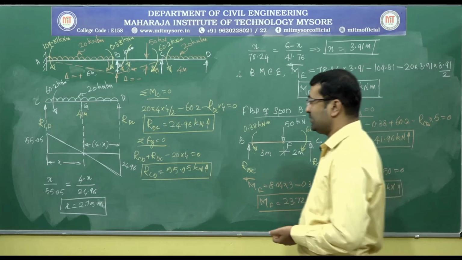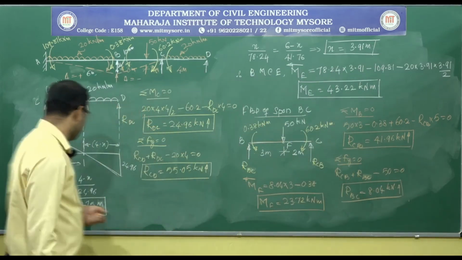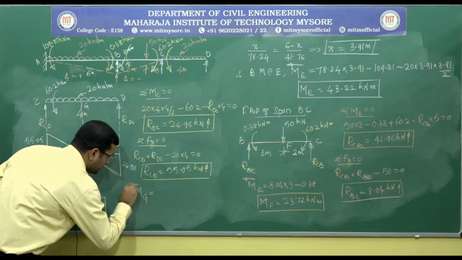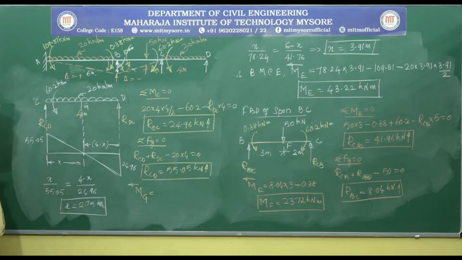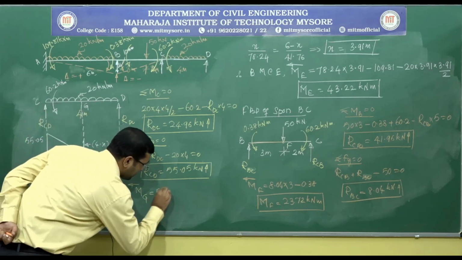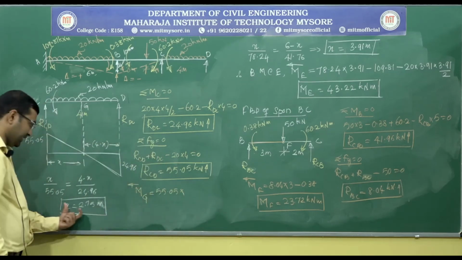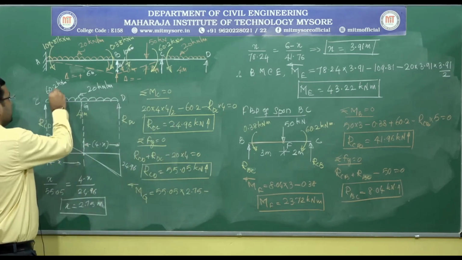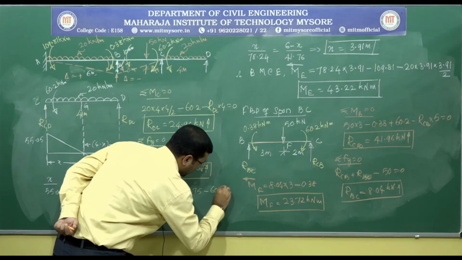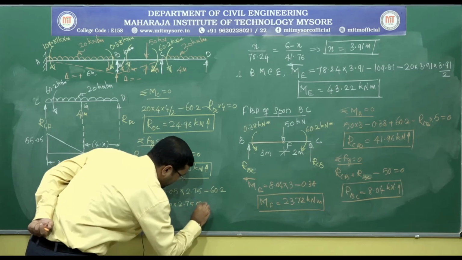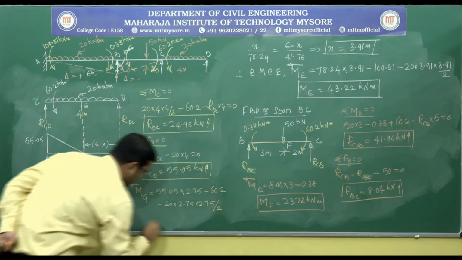So exactly at the same point we need to determine the bending moment, that is MG. If I take the left side, we have a reacting component RCD which is creating a clockwise moment. So it is 55.05 into x, which is 2.75, minus this moment 60.2, minus 20 into 2.75 into 2.75 by 2.